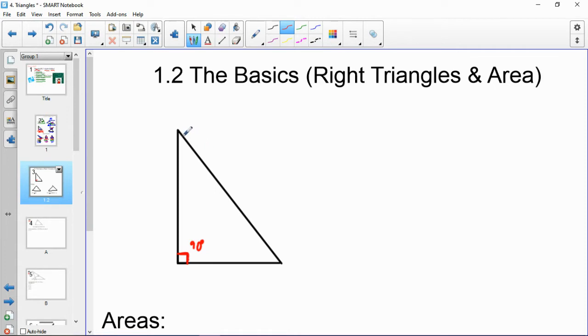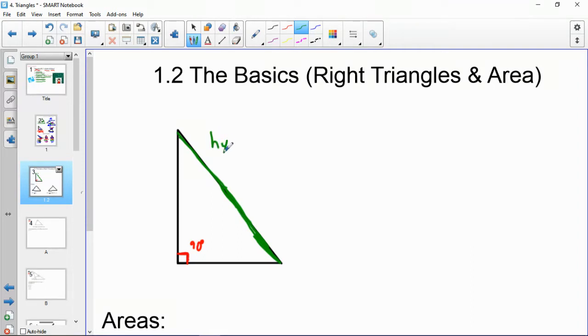And the first thing we're going to talk about is the concept of hypotenuse. A hypotenuse is the longest side of a right triangle, and it is always going to be opposite of the right angle, or corresponding to the right angle. It's interchangeable which word you decide to use.